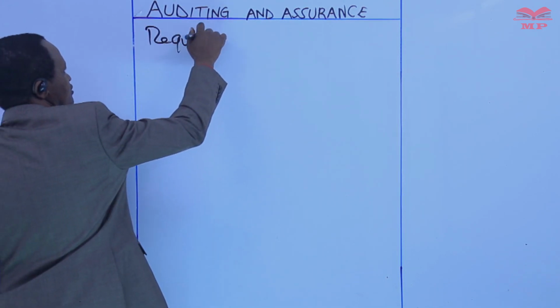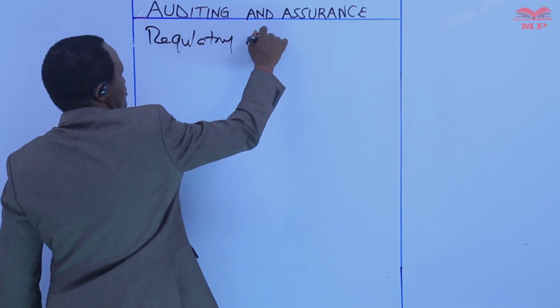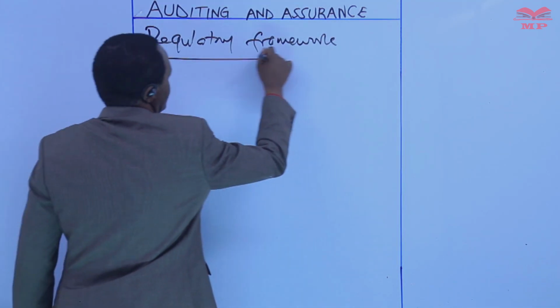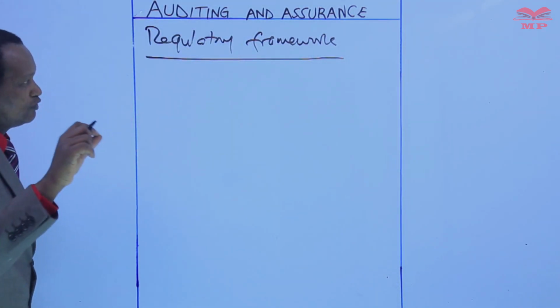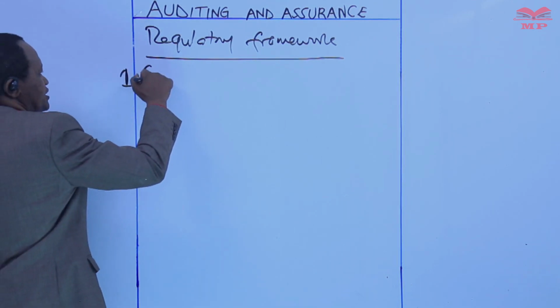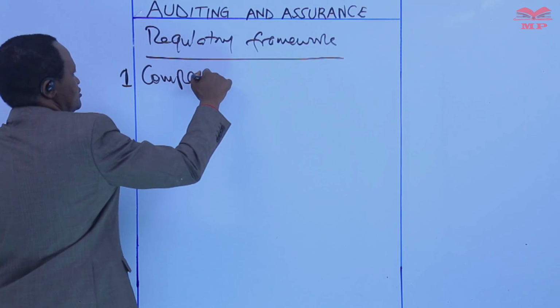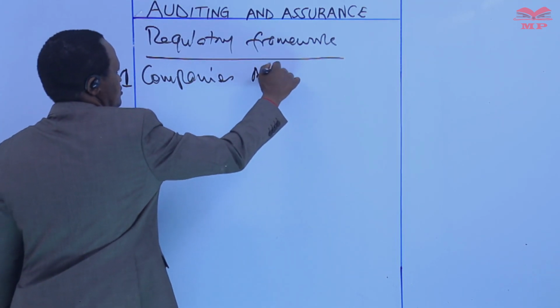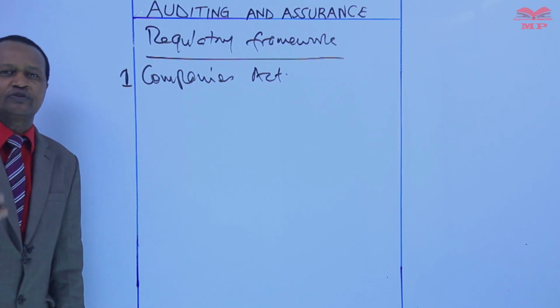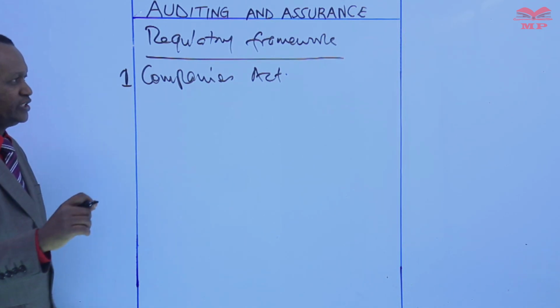The regulatory framework, first of all, I've said, comprises of laws and standards, and one such law is the Companies Act. The Companies Act outlines the requirements for financial reporting and auditing.